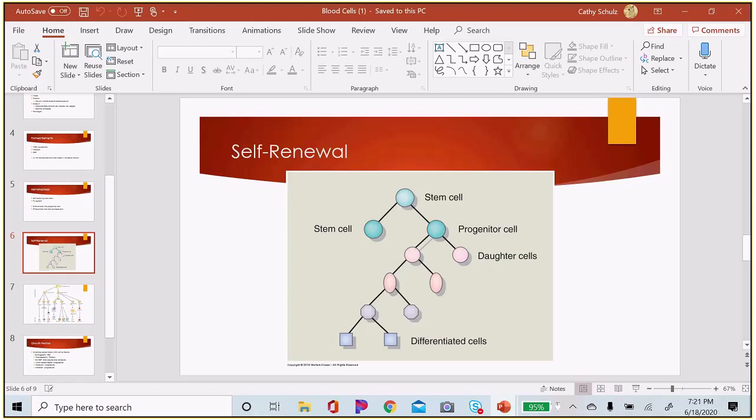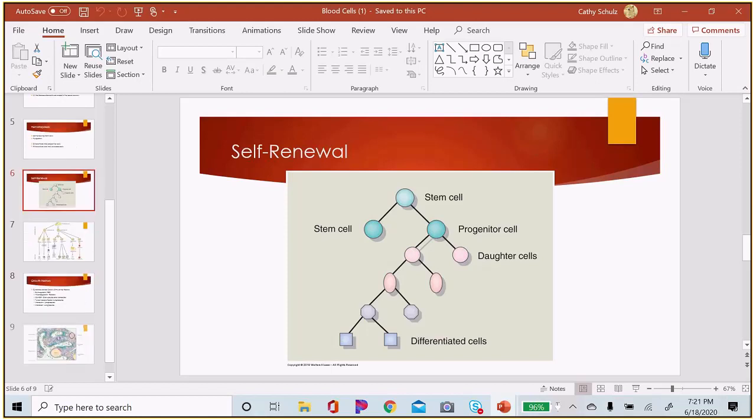But we always keep a copy of the stem cell itself, or once we differentiated, we would never be able to make these cell lines again. So that's one of the important aspects of bone marrow, is that it can become many different types of cells, and it is always able to keep a copy of itself so that we can keep doing this process over and over.